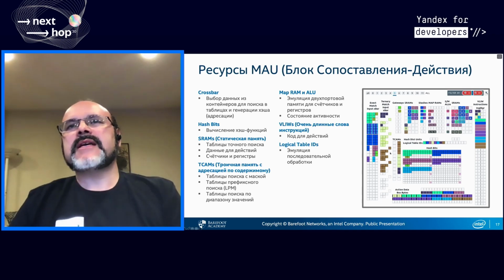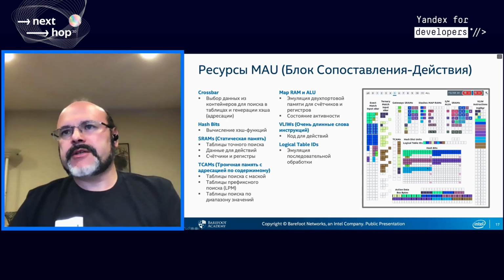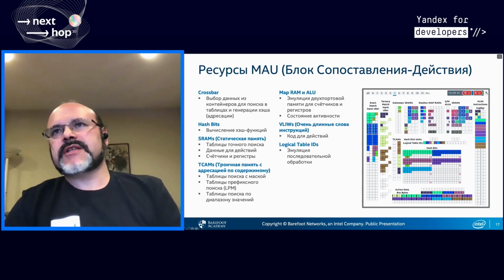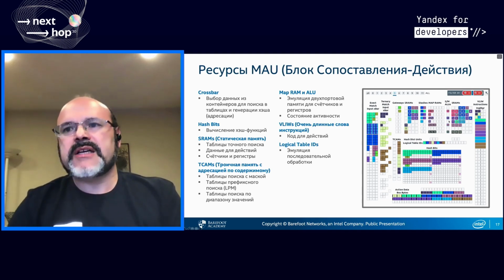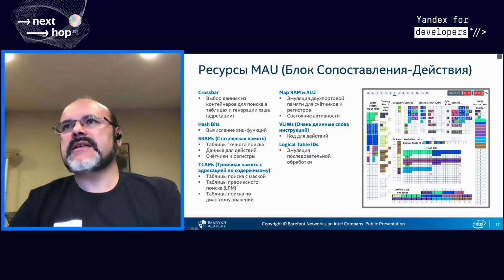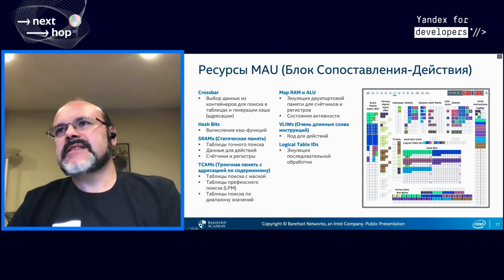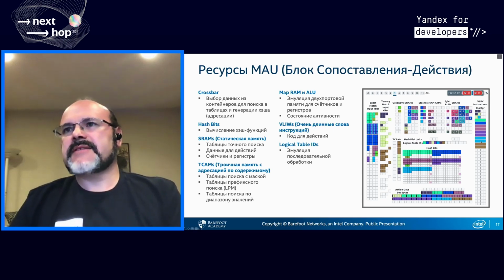One multiplexer uses those decamps or triple tables, then this data goes to TCAMs, and then it goes to hash bits. This hash device can generate hashes. And then we have the SRAM blocks, where we can put keys, data, counts, special registers, and so on and so forth.